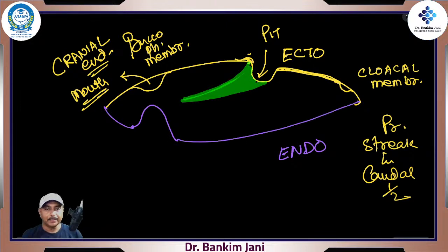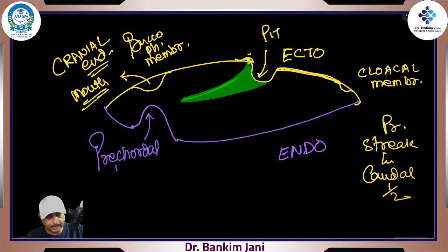Over here. This is what is called as the precaudal plate. So this endoderm also forms a depression, and that is what is called as the precaudal plate. So this is the point where there will be mesoderms, and this extension will come all the way till this point.